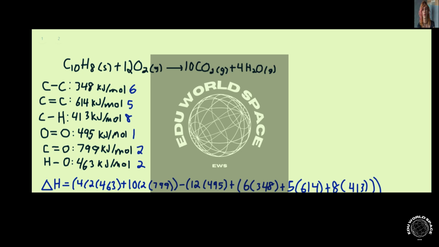Now we're going to plug this in, put this in our calculator. So 4 times 2 times 463, plus 10 times 2 times 799. So 12 times 495 plus 6 times 348 plus 5 times 614 plus 8 times 413.